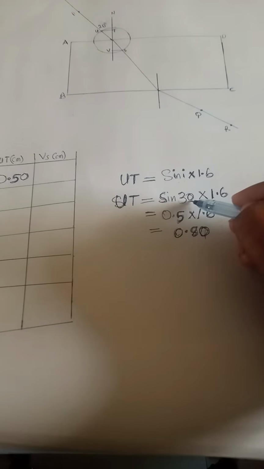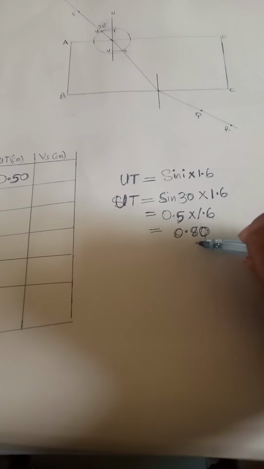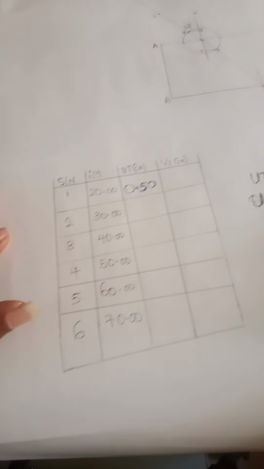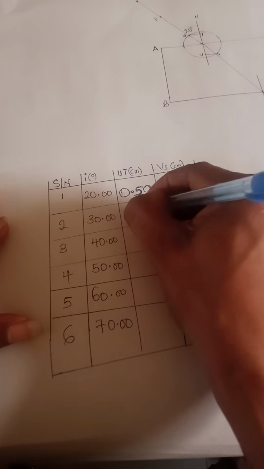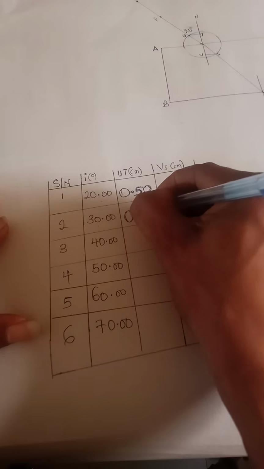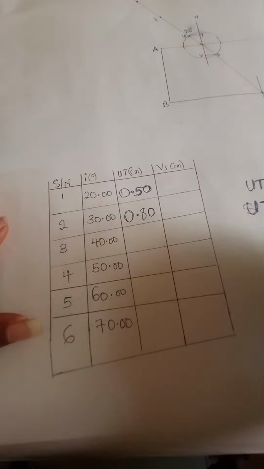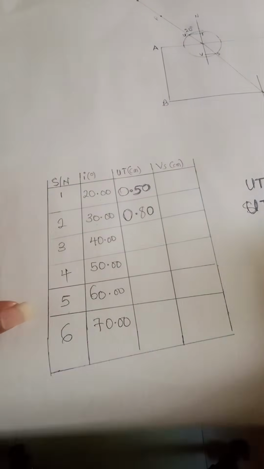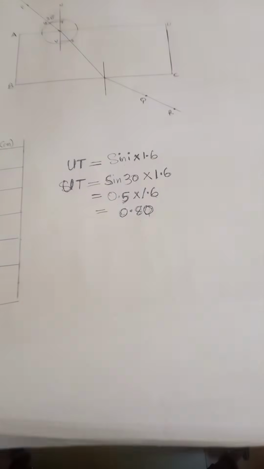Sine 30 originally is 0.5 times 1.6, so everything is 0.8. You will now come here and write 0.80. Remember, an experimental value must be 2 decimal places.